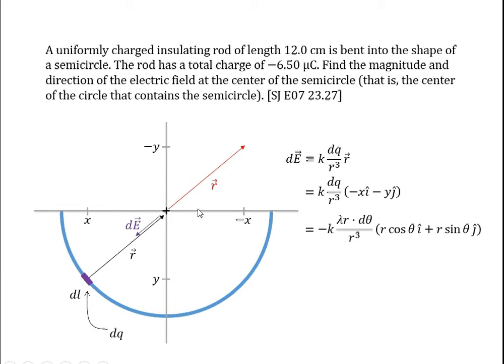Once again, the theta is coming all the way around from the positive x-axis and around to this line segment. Also, the dq itself is going to be lambda, the charge distribution, times r times d theta. That's going to show up on the next slide, so it's a little bit of backward thinking, but I'll try to make that one clear in just a moment.